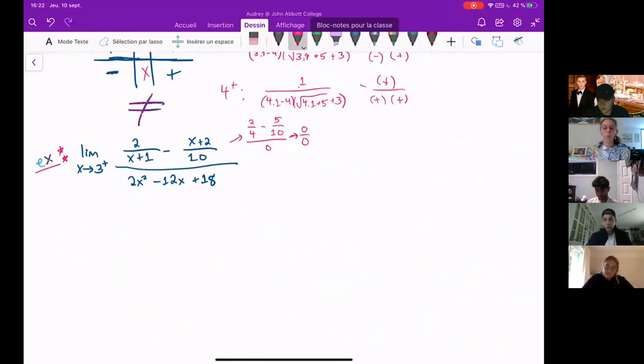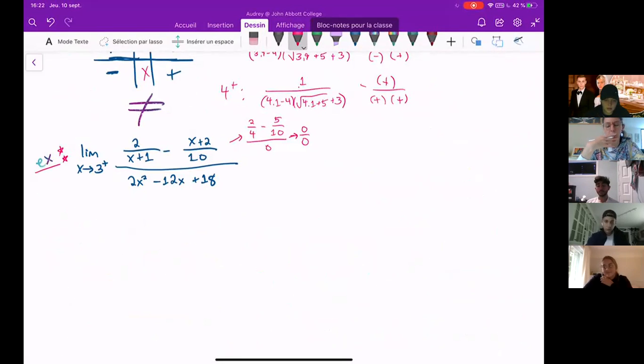Good. So what method am I going to use in this case? Which of my 3 0 over 0 methods? We're going to clear the denominators.